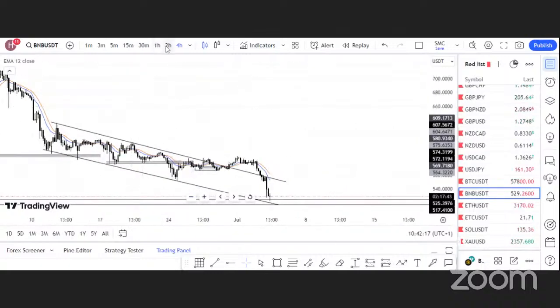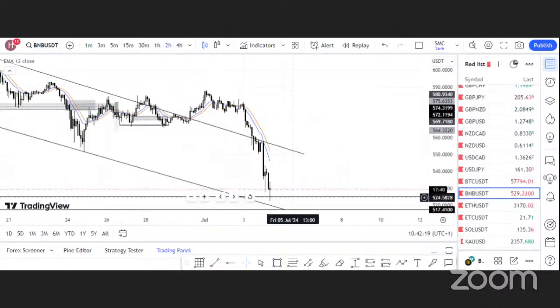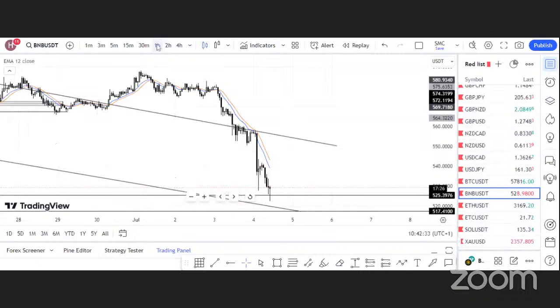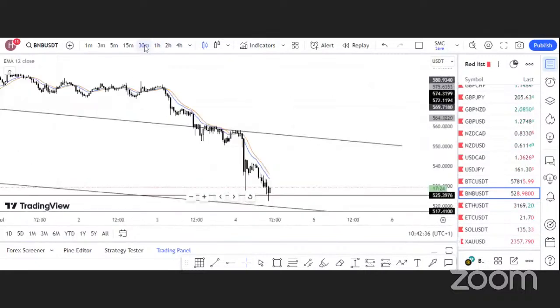So we've already gotten a tap into the support level, and it seems the market is already rejecting the level.